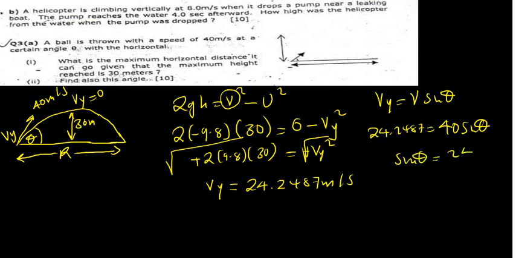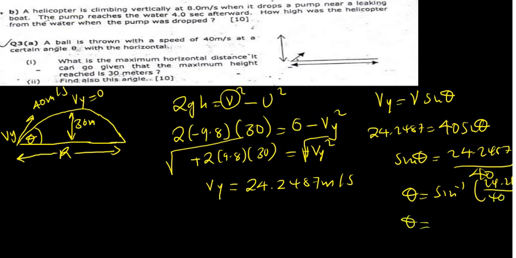That will be 24.2487 divided by 40. And then we'll take the sine inverse, since we want to remain with only theta. Sine inverse of 24.24 divided by 40. And therefore theta is going to give us 37.3 degrees.